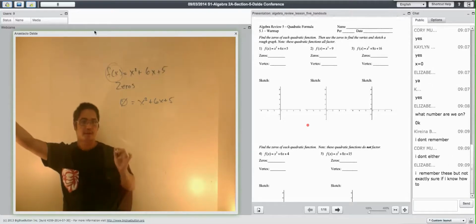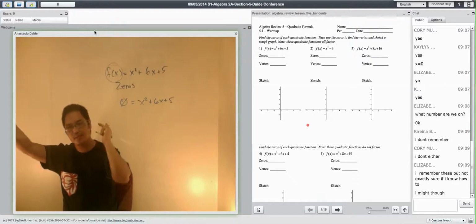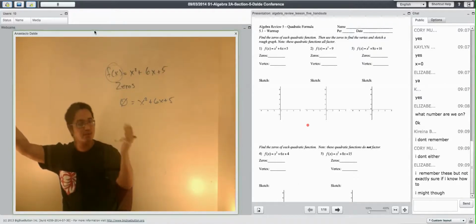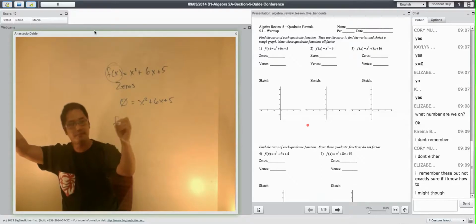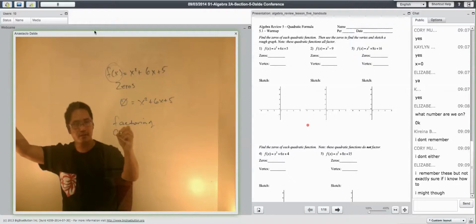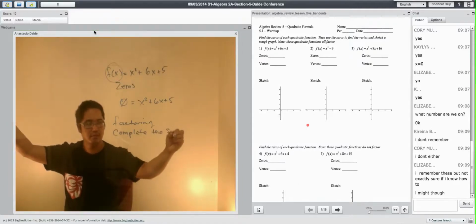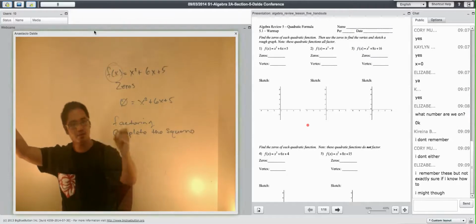There's a few different ways to do it, three that I can think of. The first way is called factoring. The second way is called complete the square. And then the third way is called quadratic.